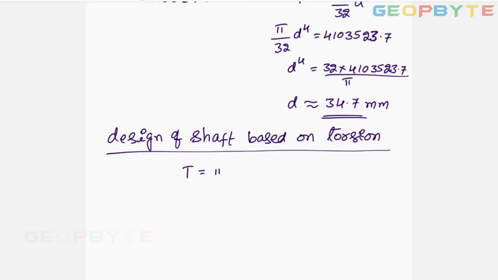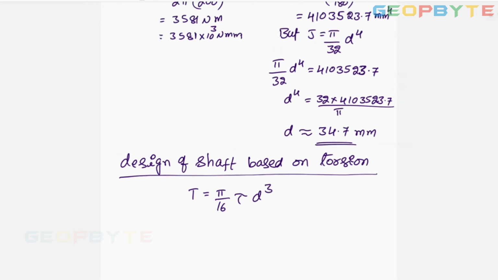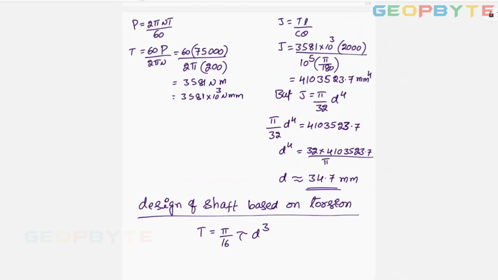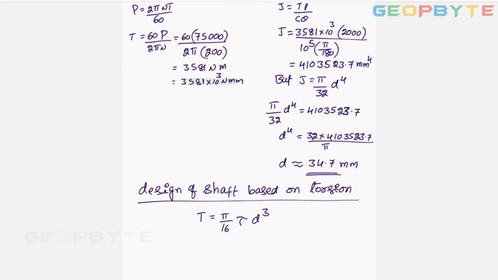Torque T equal to pi by 16 into tau into d cube. How much torque did you get? This is the torque I got, 3581 into 10 power 3, must be equal to pi by 16 into tau.